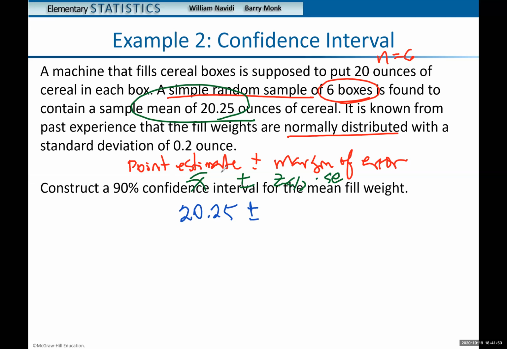What are the critical values for 90%? We just used this. Yes, 1.645. Times, how do you get the standard error again?